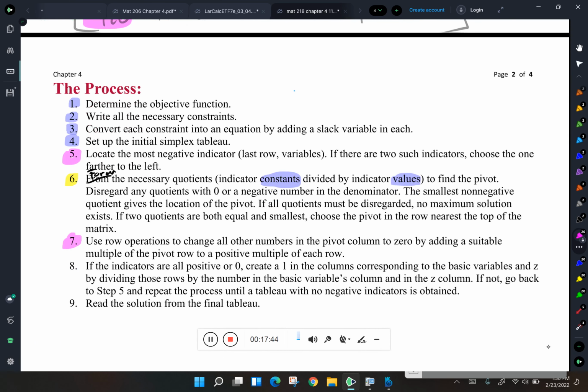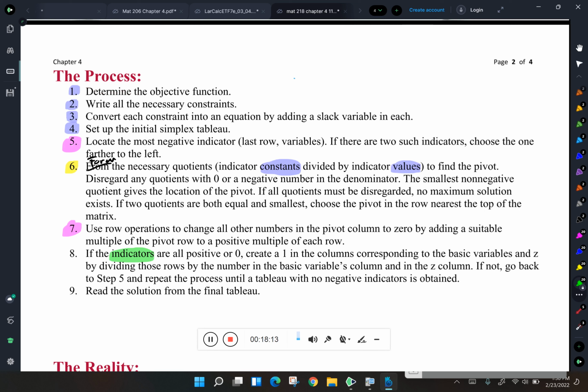Now, once we are done pivoting it, if all of the indicators, remember the indicators are the numbers in the bottom row, are now turned from negative to either 0 or positive, then we're done and we'll read the solution out of that final tableau. If it's not, then we'll find the next number we'll pivot on and pivot again. And then we'll find the next number to pivot on and pivot again.